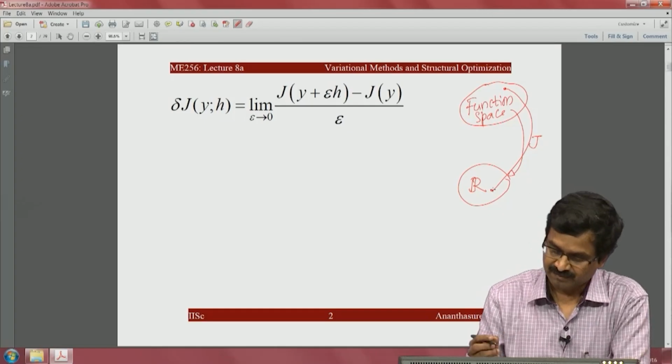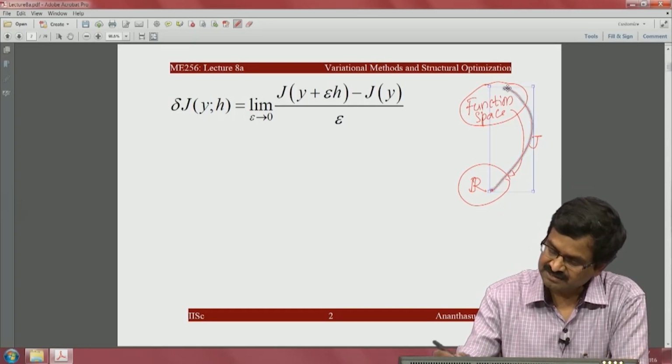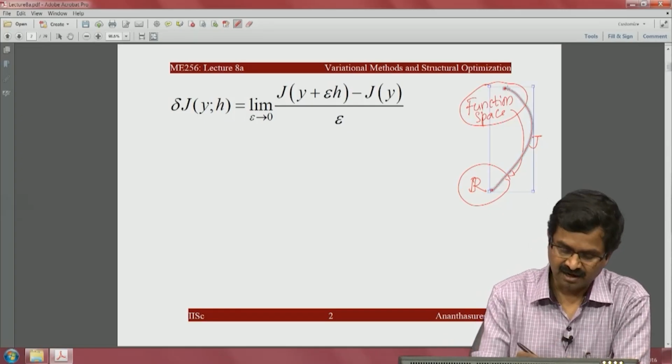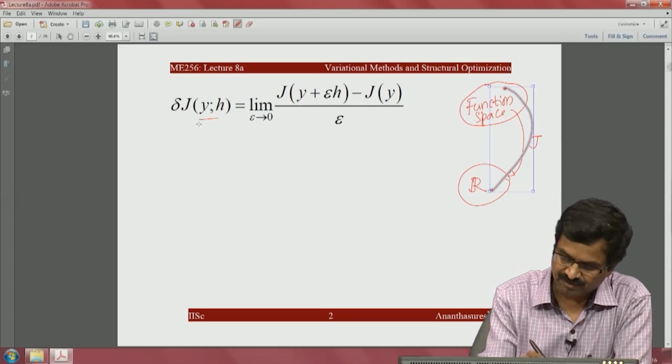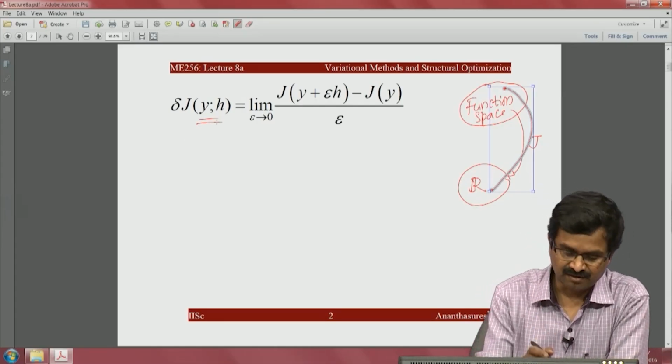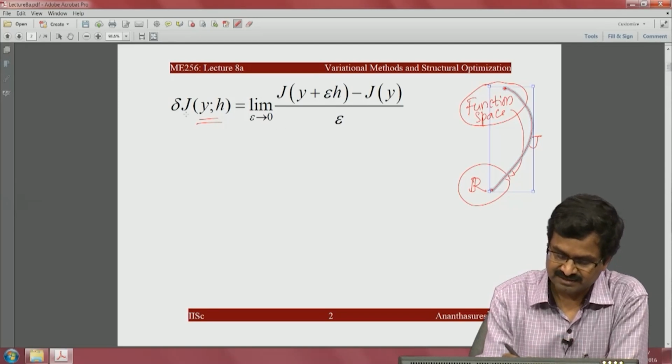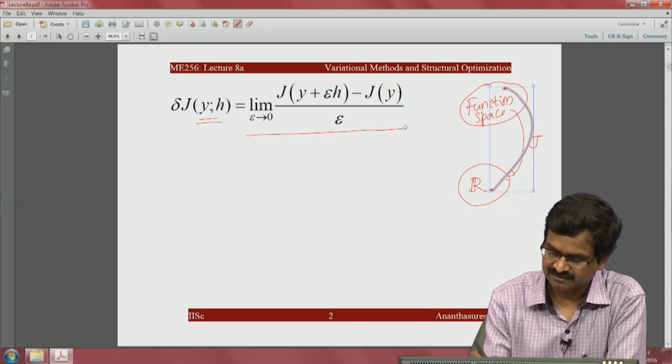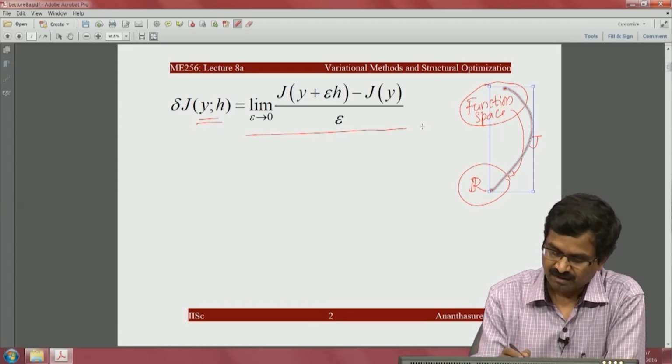Now, at a particular function, let us say this is my y of x, if we want to compute the equivalent of the gradient or what we call the variation, that is defined like this. So, how is it defined?